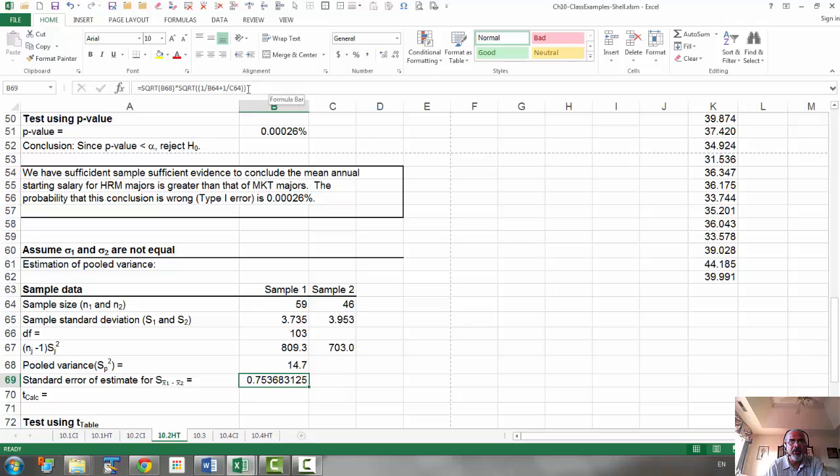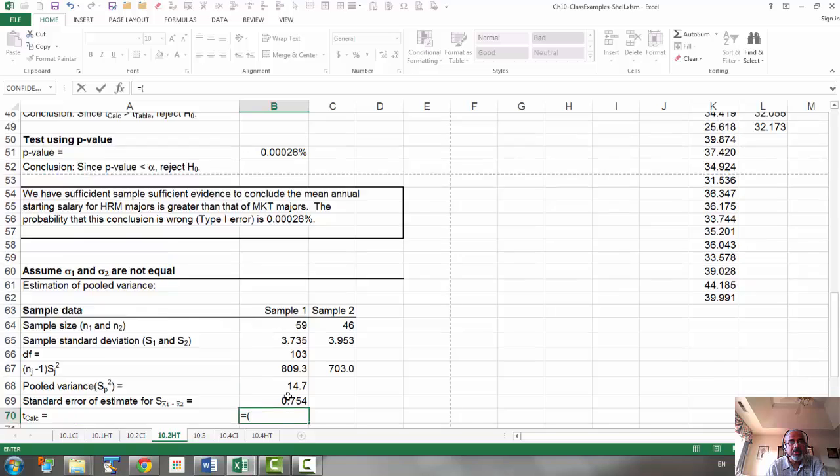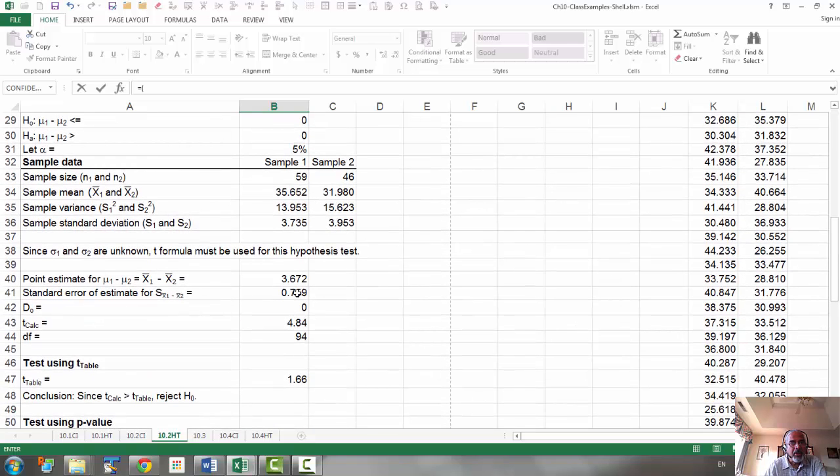We needed 2 right side brackets. So that's our standard error. So t calc then is the point estimate, as we did for the previous example, minus D sub 0.